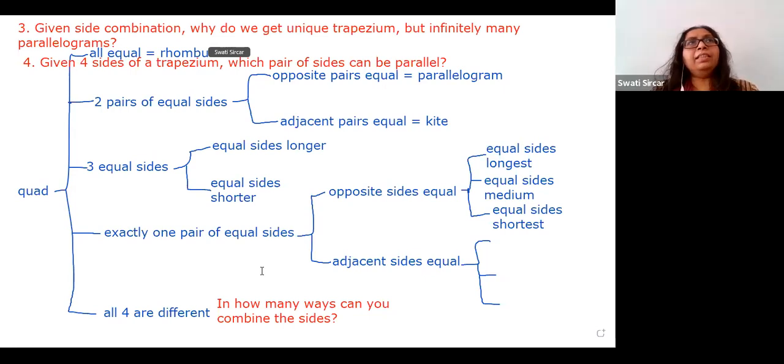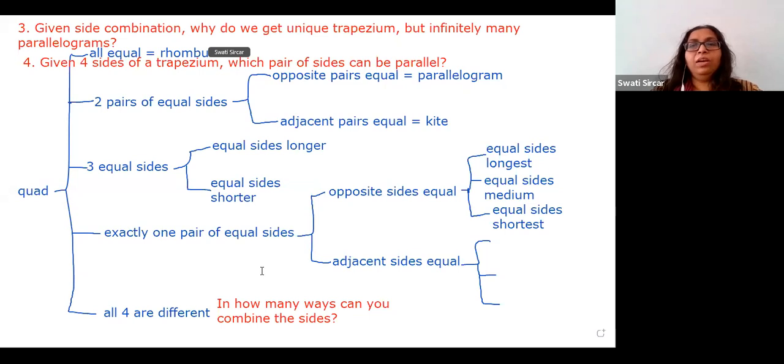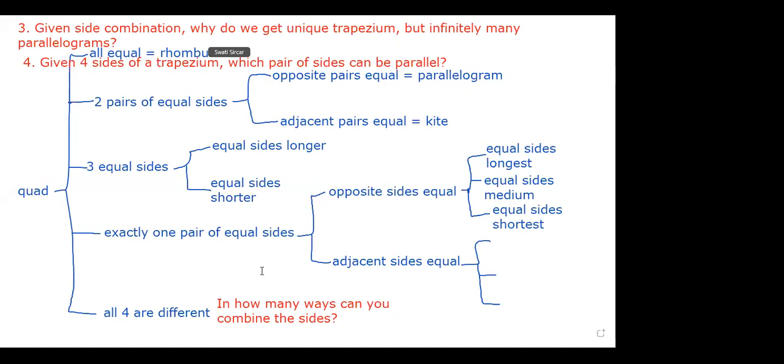Okay, so you are saying that the equal sides of an isosceles trapezium cannot be parallel. Ma'am, it can't be, I think. If it is parallel, then it will be a rectangle, no, ma'am.